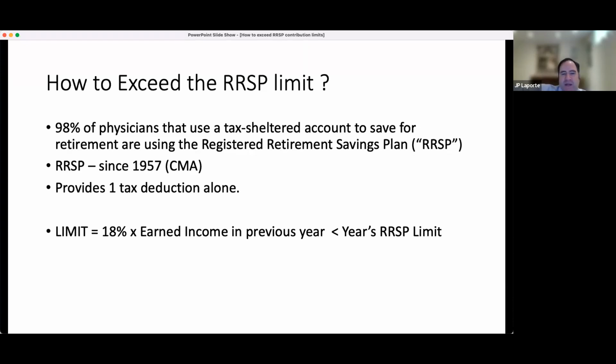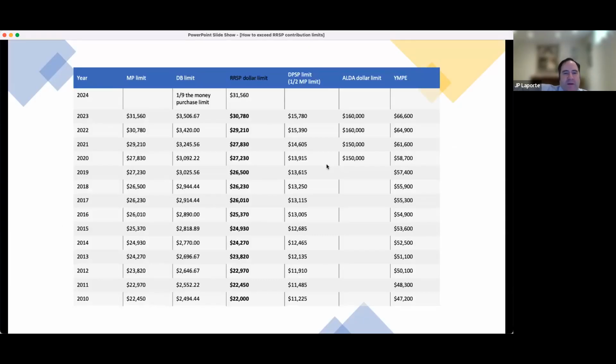So if you look at the next slide, we have in the middle here the RRSP dollar limit. We have what this maximum limit looks like year after year, going back about 13 years into the past. So you can see that these amounts, unfortunately, are not that high.